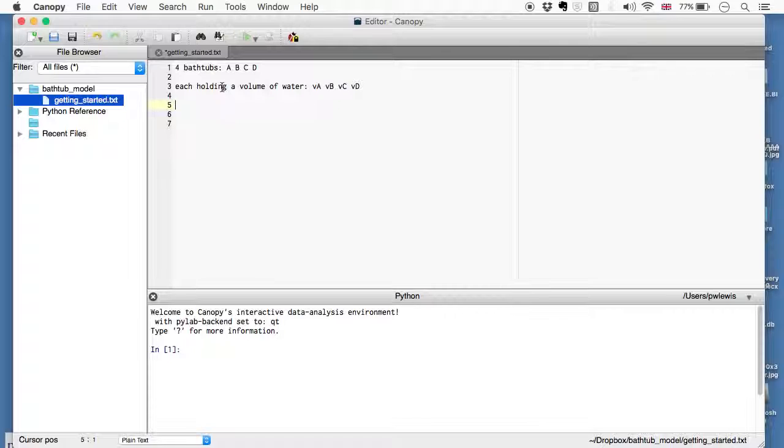Right then, system starts at time t equals 0. A is full, all others empty.